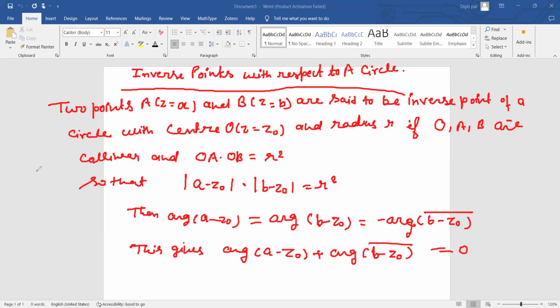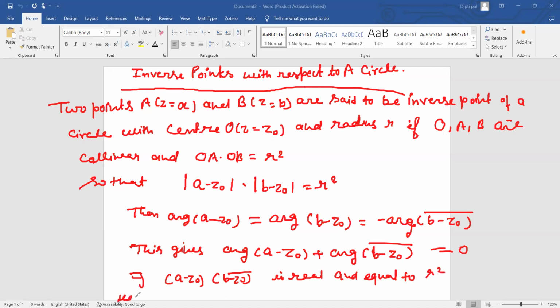Now this implies (A minus Z0) times (B minus Z0) bar equals R square.